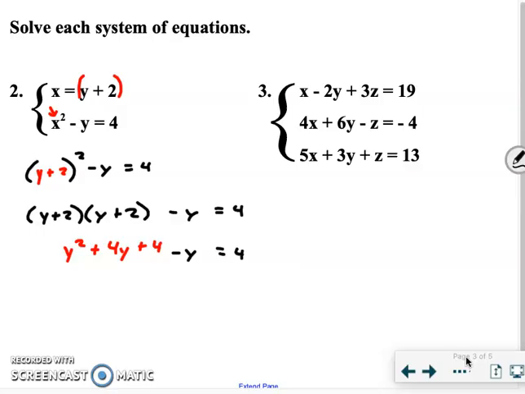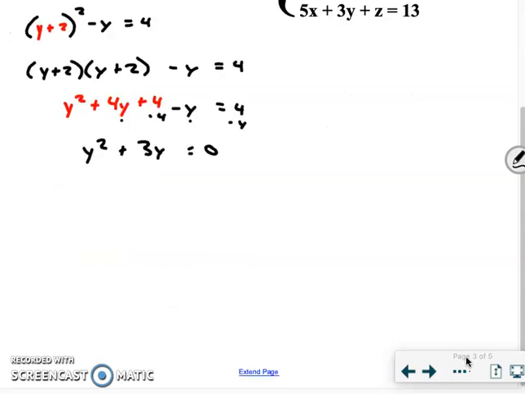So from here, in cleaning things up, I'm going to try to get everything over to the left side. I also am going to combine my like terms. 4y minus y is going to be 3y. And like I said, if I subtract this 4 over, now we're going to be equivalent to 0. So at this stage, again, factoring, I'm going to factor out a y, leaving me with y plus 3.